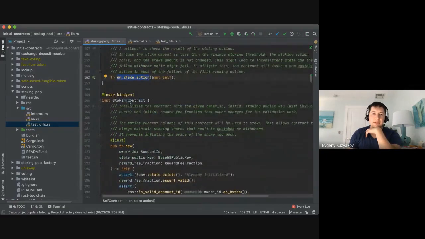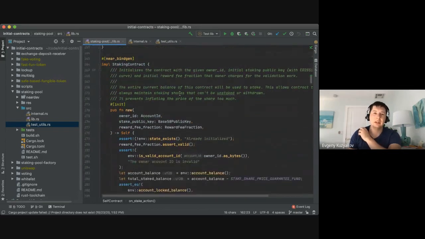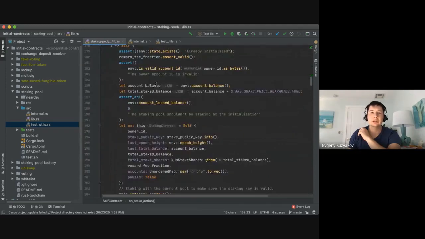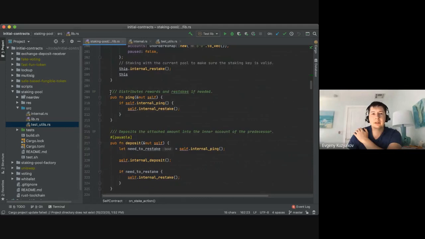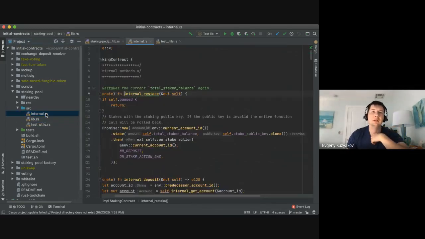So finally, we have the main implementation body of the staking pool. We went through the constructor. The next method. So this contract is split into multiple modules. This is lib.rs, which is the main entry. And you also have an internal module.